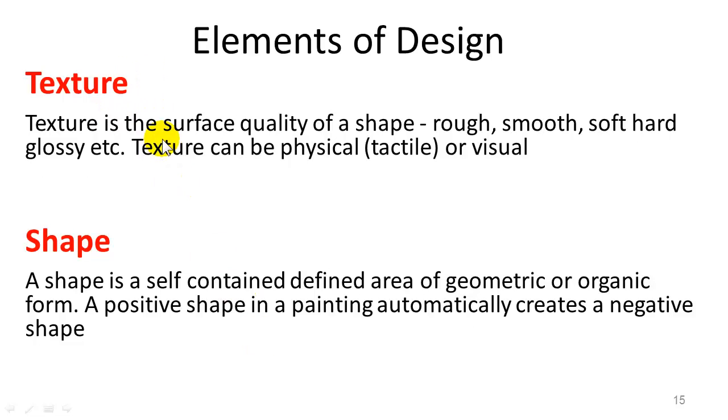The texture is the surface quality, rough, smooth, soft, etc. It can be something physical or visual. Shape. We're pretty much looking at geometric shapes that we use when developing, laying out our content.